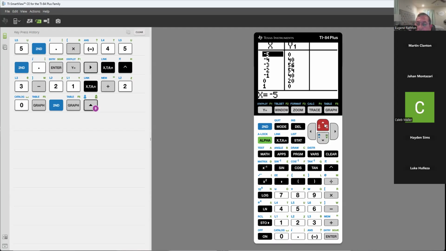So x equals negative 5 is one of them. And then the other was 1. And then I think it was 4, that other one. Those were the 3 places that crossed the x-axis. So those are my 3 zeros.